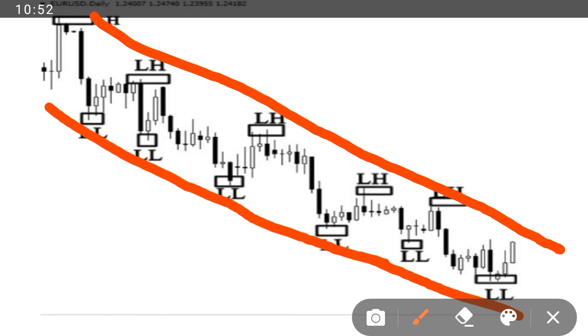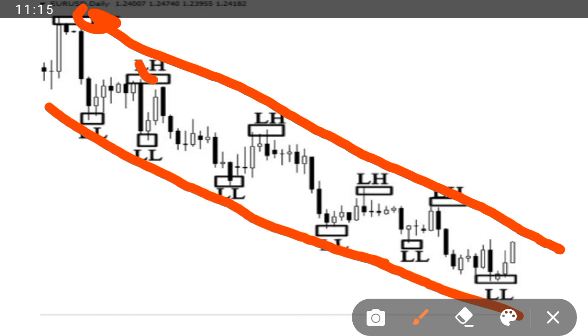The lows. Starting from here, this is a low. This is a high. So if the high goes down, what do you call it? You call it a lower high.